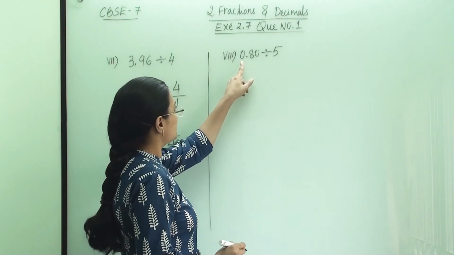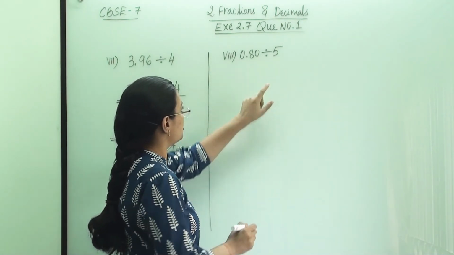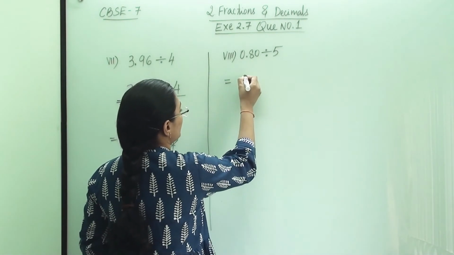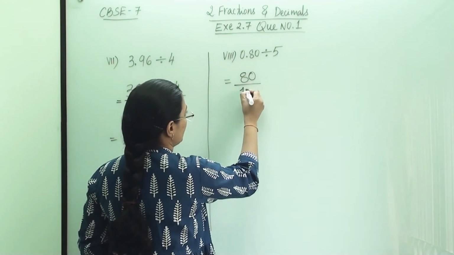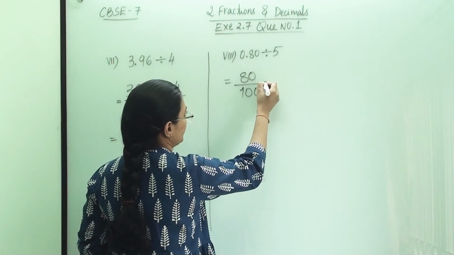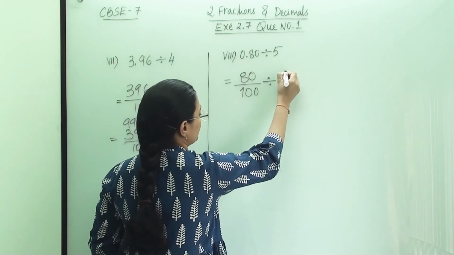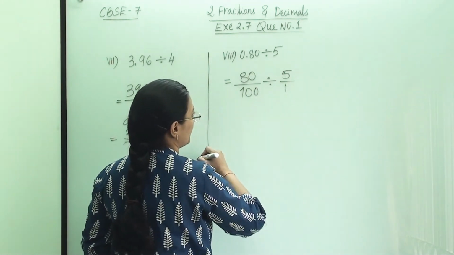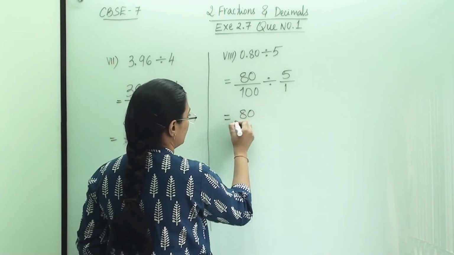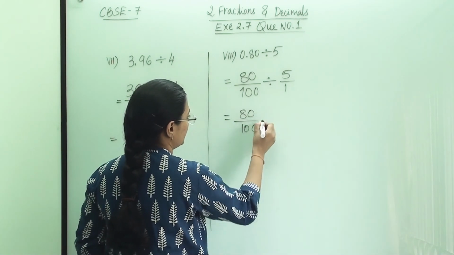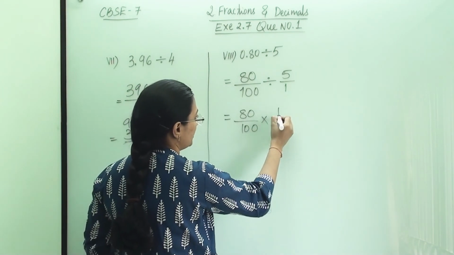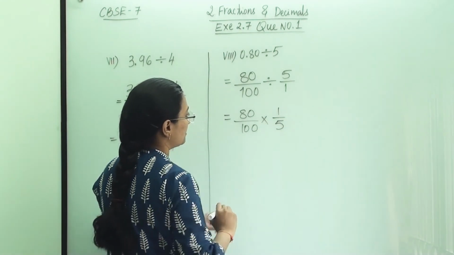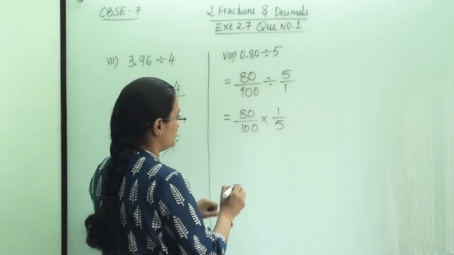Eighth numerical is 0.80 in division 5 is there. So here 80 in division we are going to write 100, and then in division 5 and in its denominator 1 will be there. 80 in denominator 100, then division sign we are converting into multiplication sign, and second fraction we are converting it into its reciprocal.